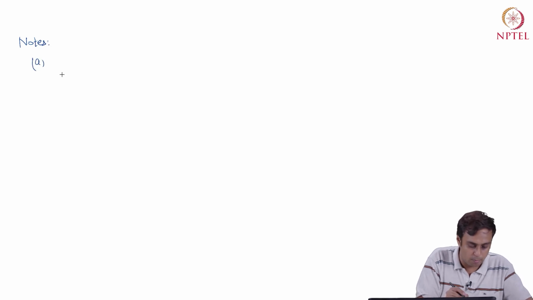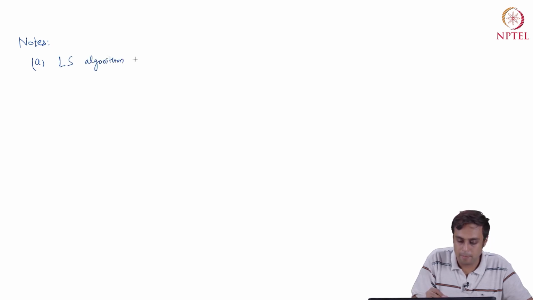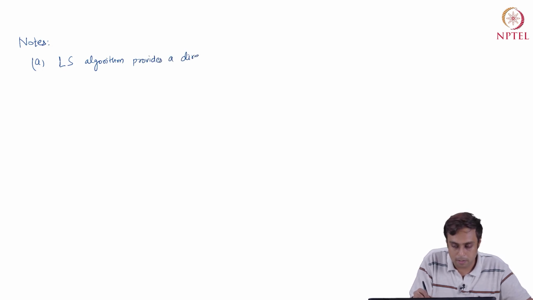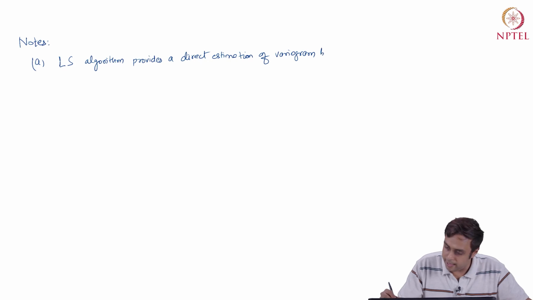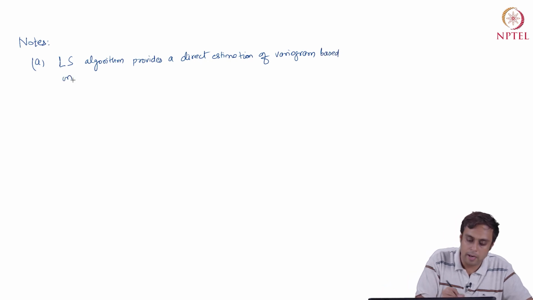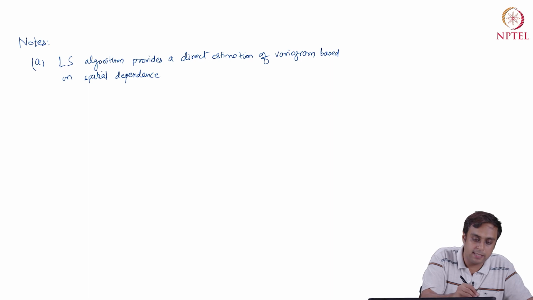The first point is that the least squares algorithm provides a direct estimation of a variogram based on spatial dependence, right.